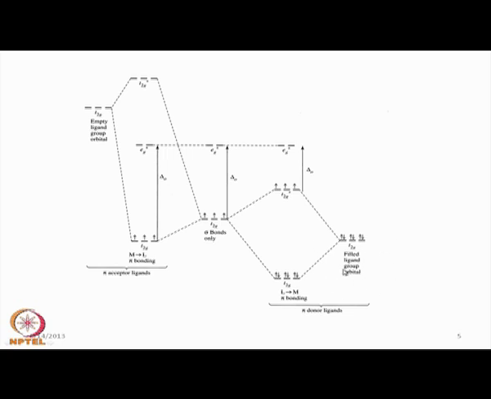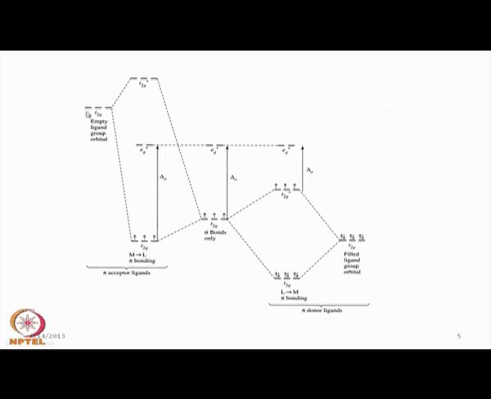When these are filled they are of low energy, but when they are empty they are of high energy. So, when this is filled we get the corresponding pi donation, and when it is empty we consider these ligands as good pi acceptor ligands such as carbon monoxide. So, we have metal to ligand pi bonding.